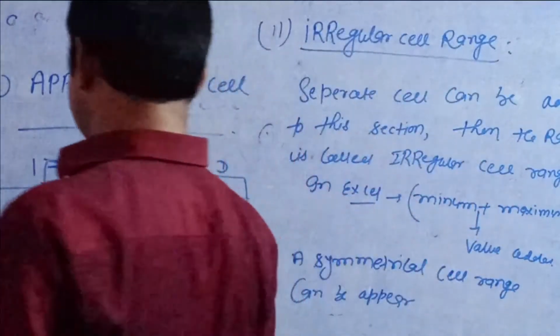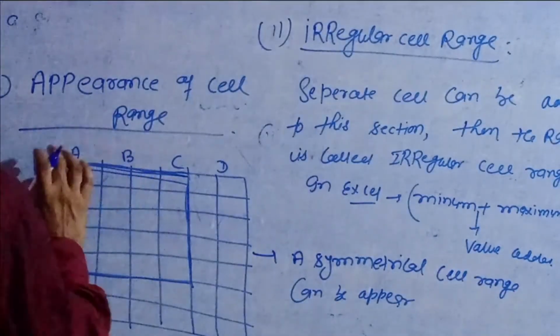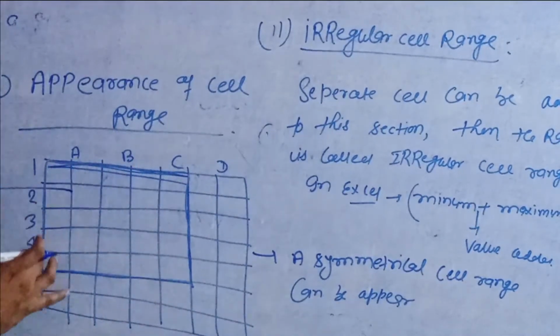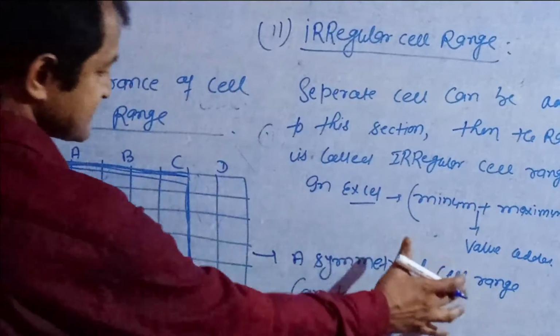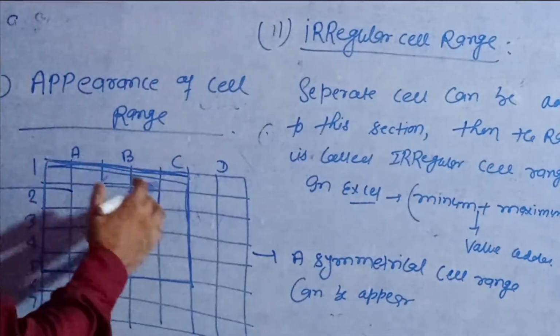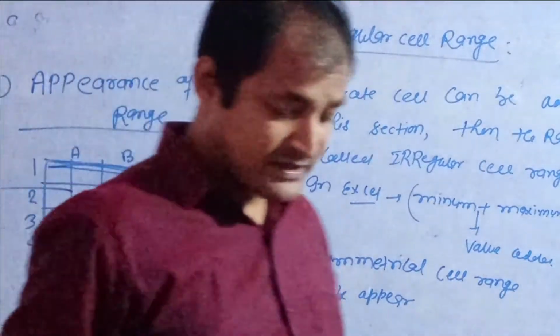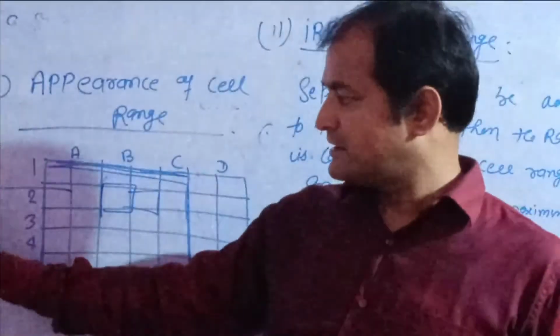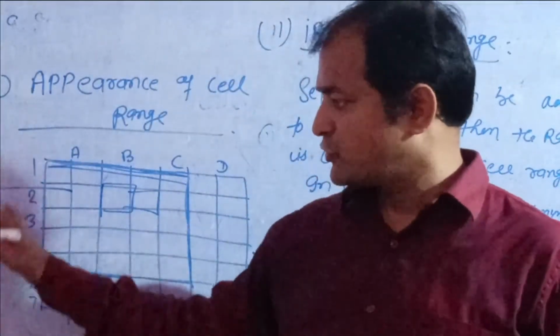Suppose I select A1 to A5, so all these parts are related to the symmetrical cell range. This also is a square, and this is the notification area.